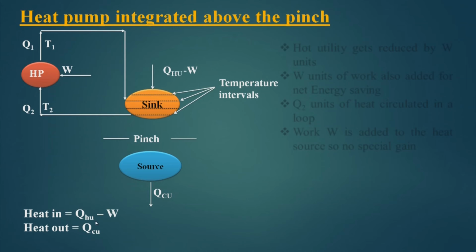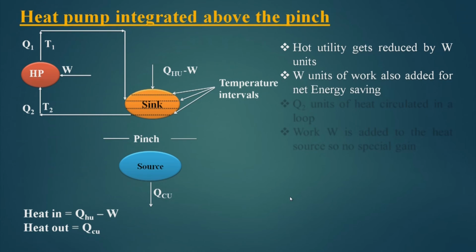Heat in is QHU minus W and heat out is QCU. So, hot utility gets reduced by W units. W units of work are also added for net energy saving. So, I am utilizing W amount of work and I am getting a reduction in QHU by the same amount.